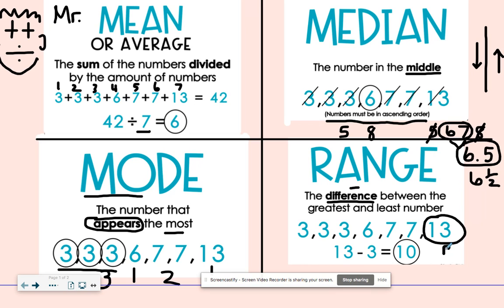So that's our biggest number. And we can subtract our smallest number, which is 3. 13 minus 3 gives us 10. So we have a range from our smallest value to our biggest value of 10 different numbers that could have happened. And that's what that means.